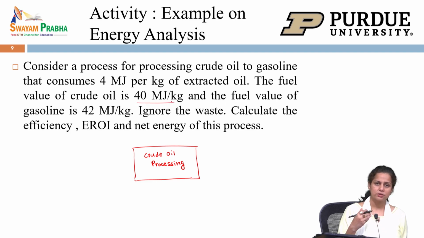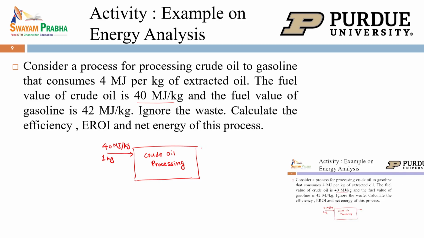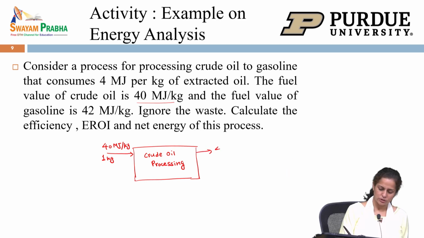So, we have to identify what is the feedstock, what is the processing energy and what is the product. Our feedstock is the crude oil, which has 40 megajoule per kg, and let us assume we have 1 kg of flow, and the fuel value of gasoline is 42 megajoule per kg.